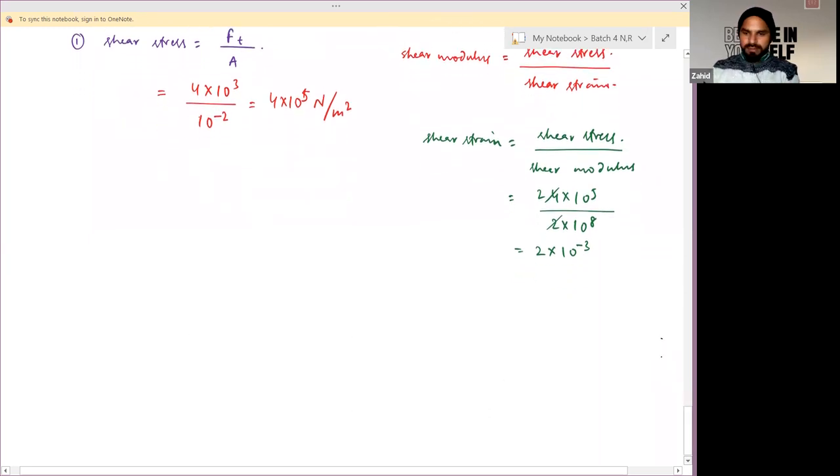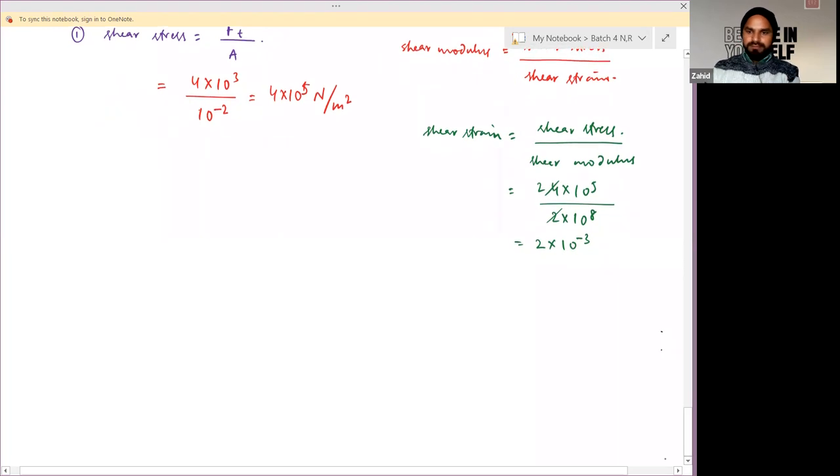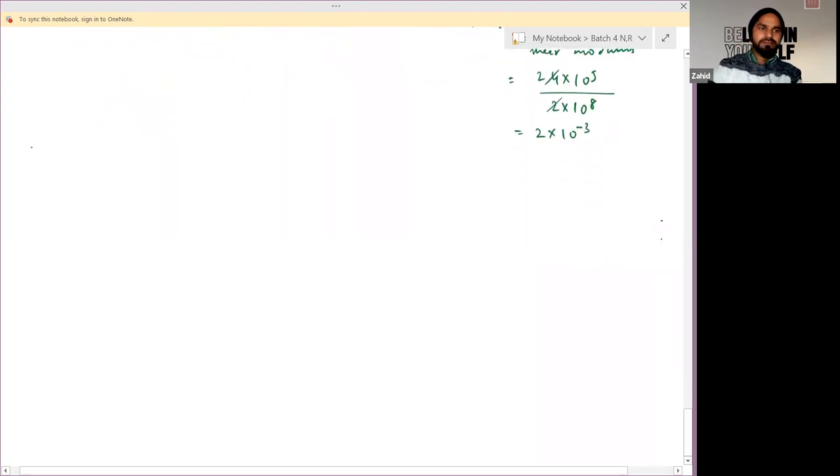Now let's start the third part of this, which is called volumetric or cubical.